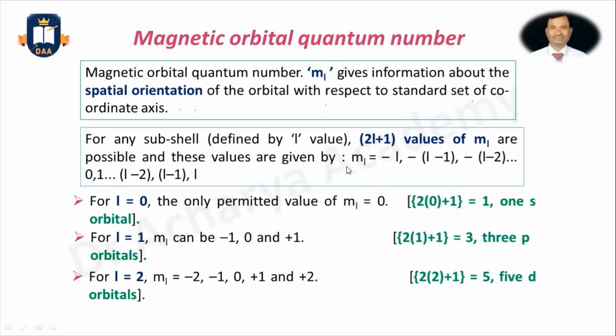Because m subscript l starts from minus l. When l is equal to 2, m subscript l is minus 2, and increases by unit steps. Adding 1 gives minus 1, adding 1 again gives 0, then plus 1, and then plus 2.